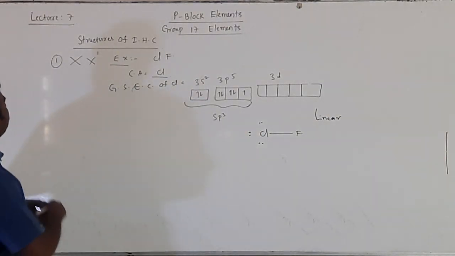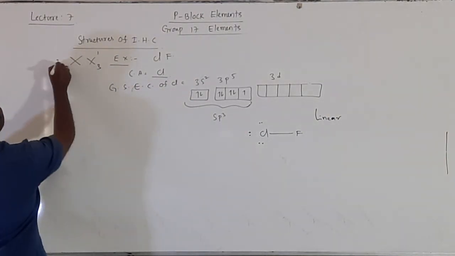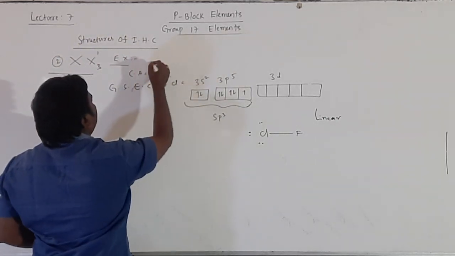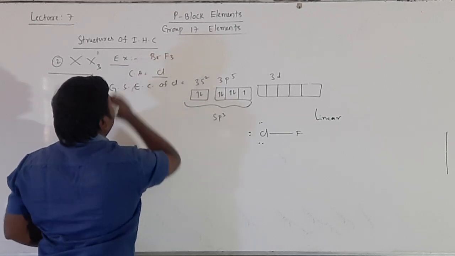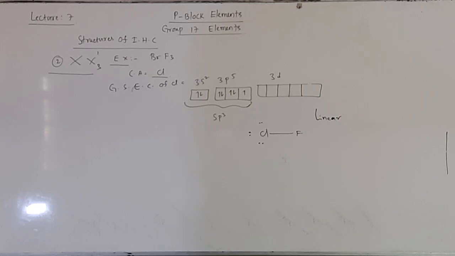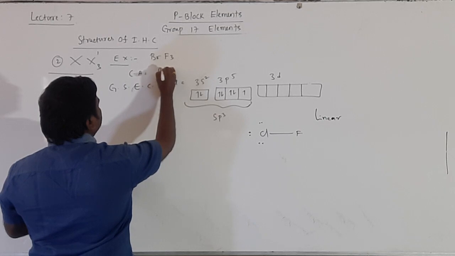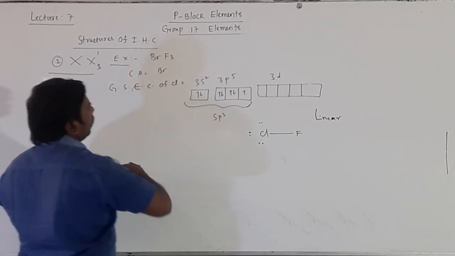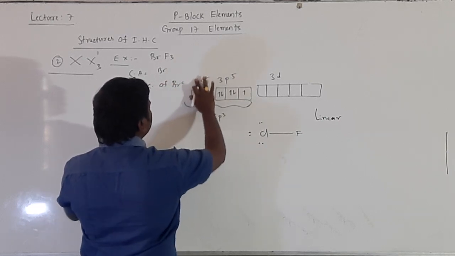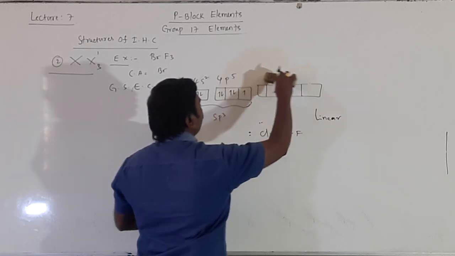Second one is XX'3. Example is BrF3, which I am taking. Central atom is bromine. Ground state electronic configuration of bromine is 4s2 4p5 and 4d.